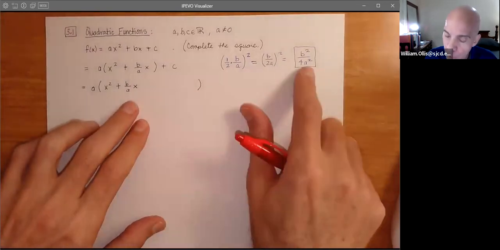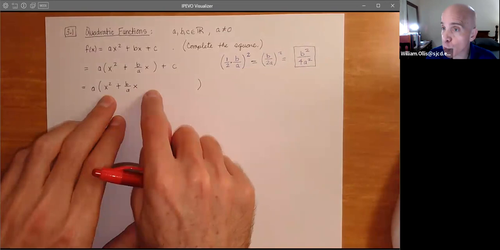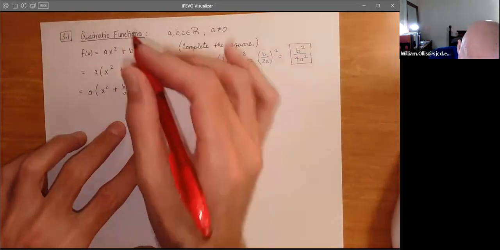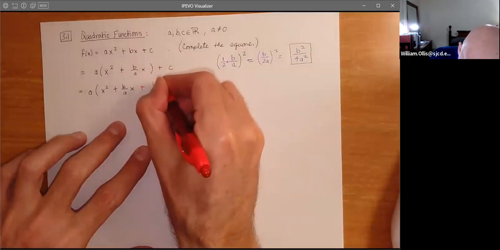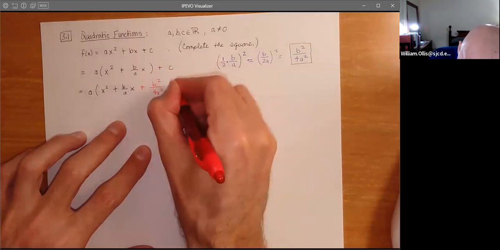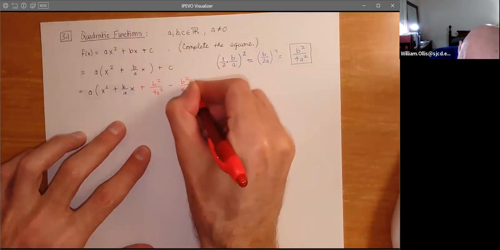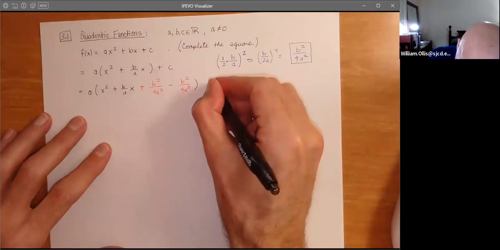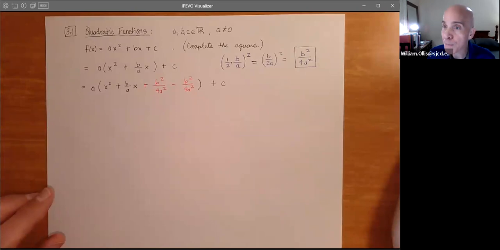So if this term here we can add to make a perfect square trinomial, if we add it, we must subtract it. So I'm going to write this in red. So b squared over 4a squared, and then subtract it. So we're doing everything on one side of the equation. And then, of course, the c is over here by itself. Don't forget the c, it still counts.